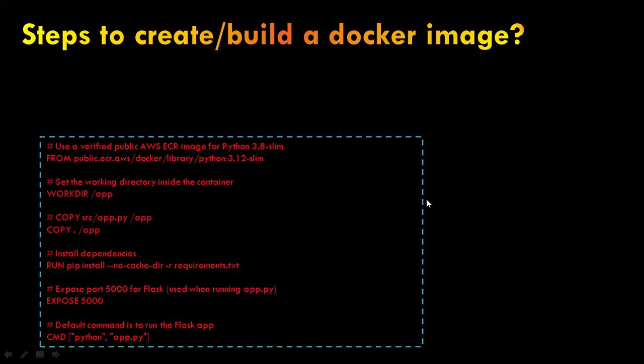They are the ones who will help you come up with the Dockerfile content. So in this case, I have used a Dockerfile which has these contents in it. You have something like FROM public ECR. See here, what I did, instead of using the Docker bundle, I'm using our AWS public ECR, colon python 3.12-slim. This is very, very important, guys.